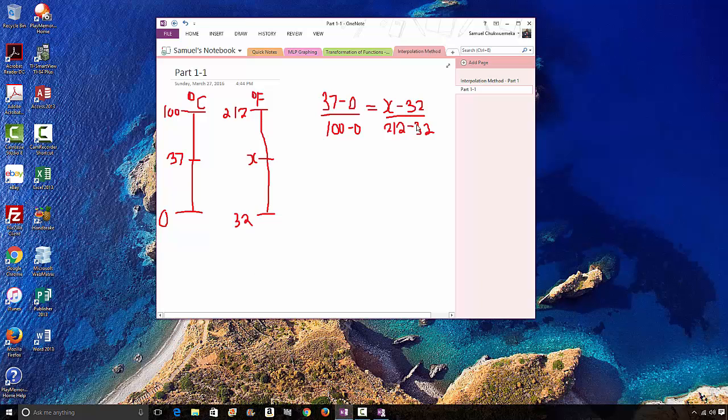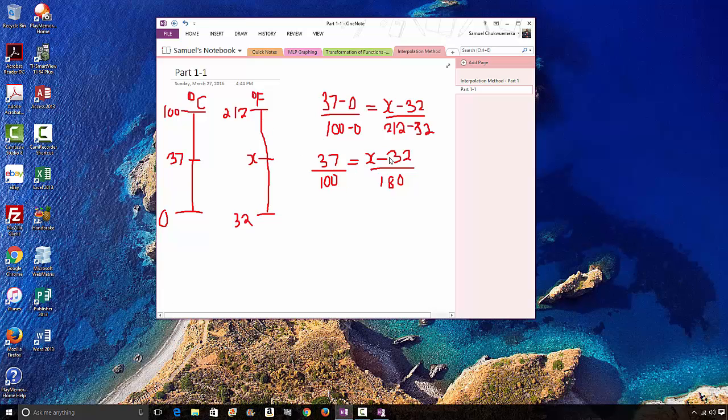Okay? So 37 minus 0 gives us 37, over 100 minus 0 gives us 100. And this will give us x minus 32 over 212 minus 32, which gives you 180.